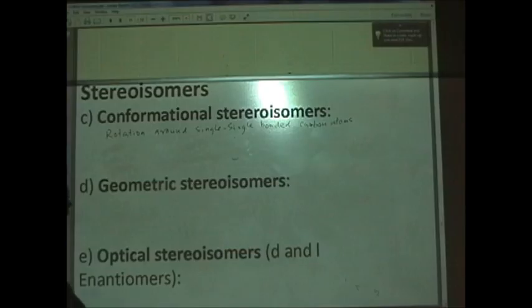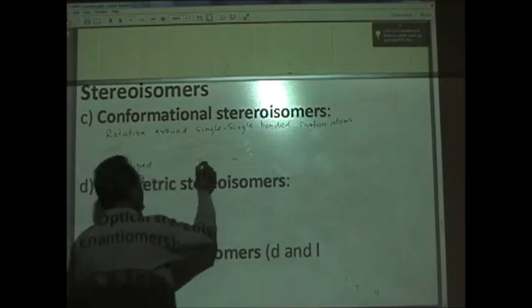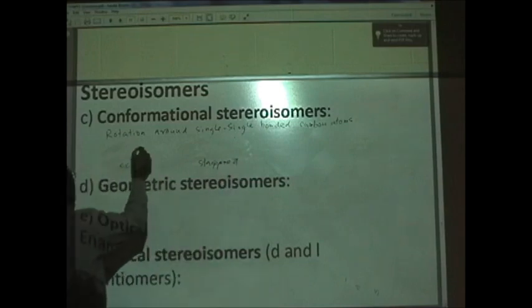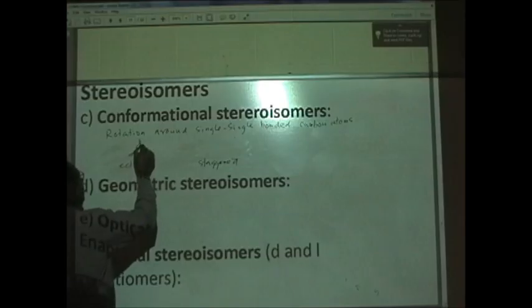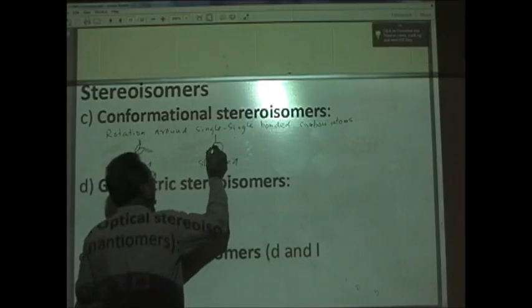Okay, eclipsed means like this. Okay, staggered means like this.